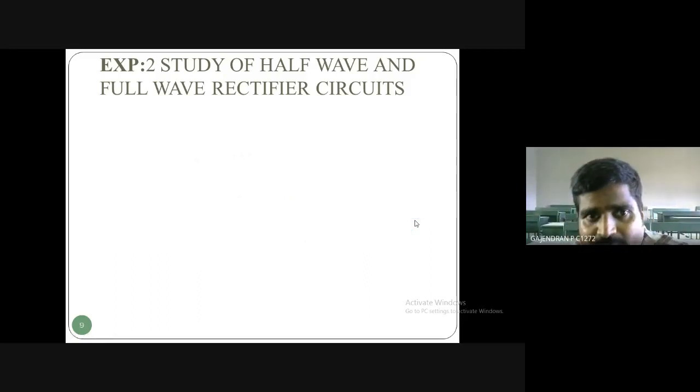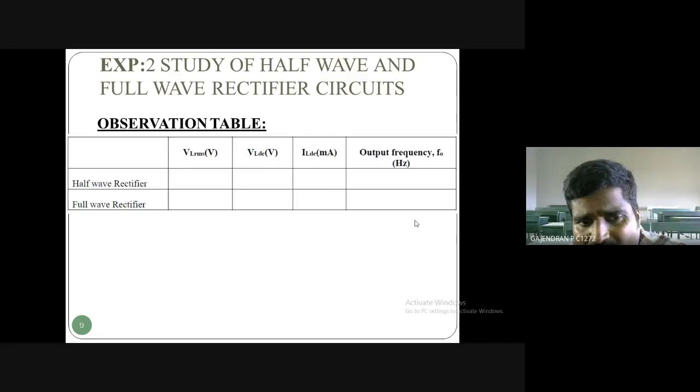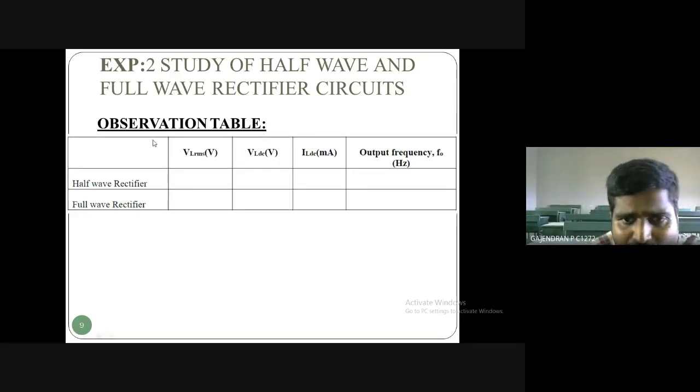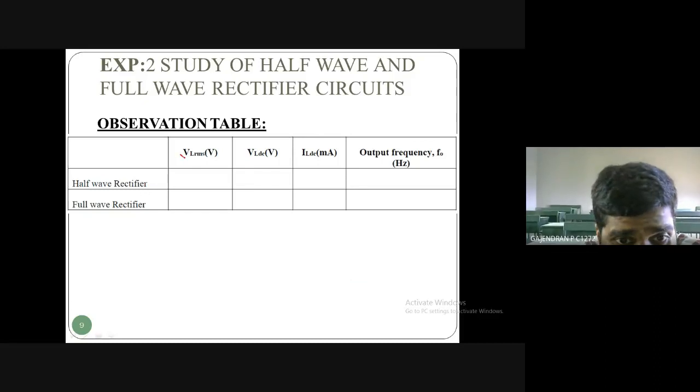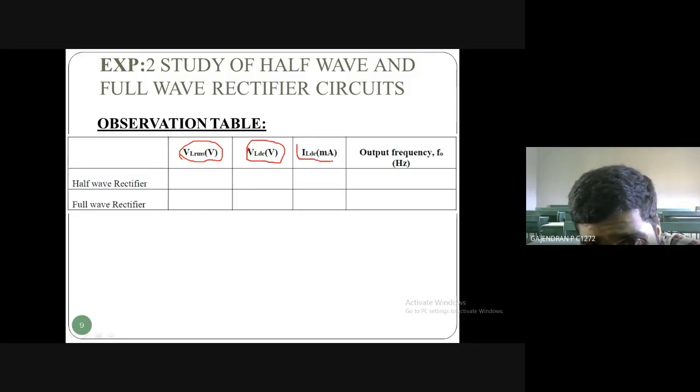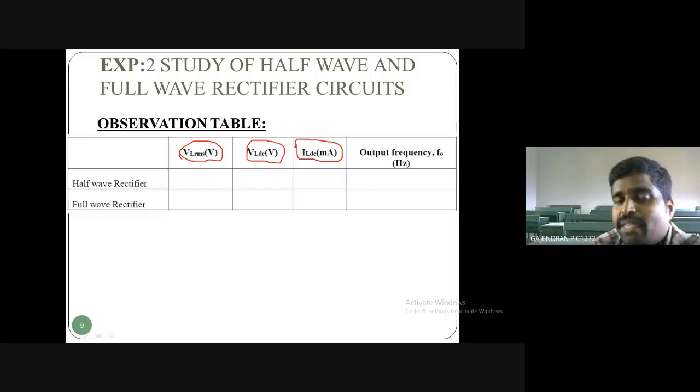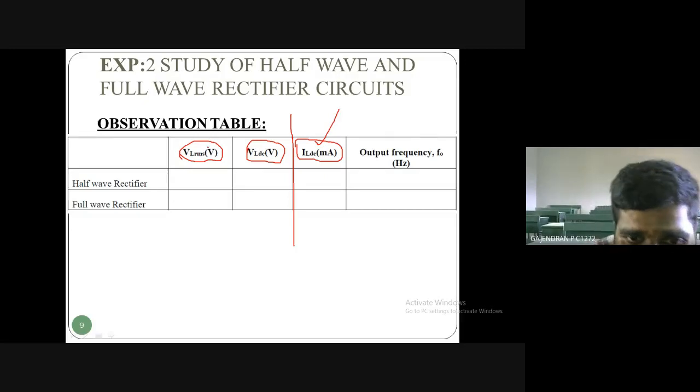Okay. Then the readings I need to take for the experiment are the load RMS value, then load DC voltage, then load DC current. Please observe one thing: for current there is only one quantity. For voltage, how many quantities are there, sir?